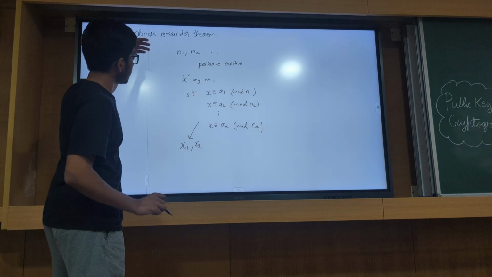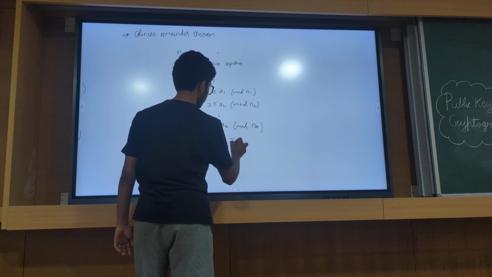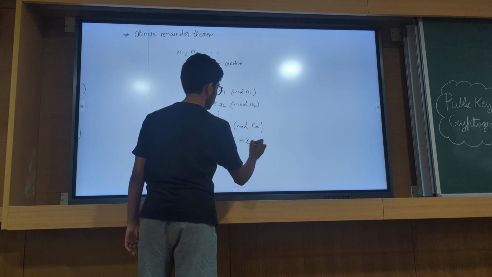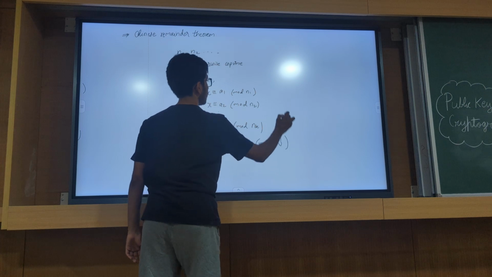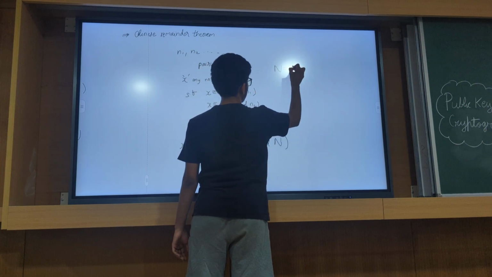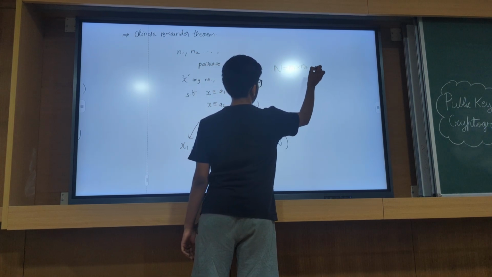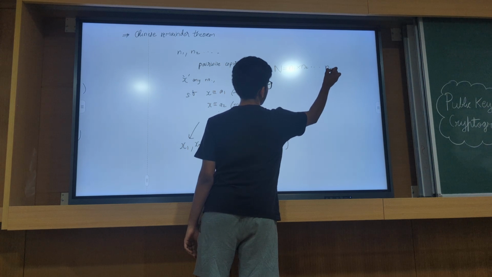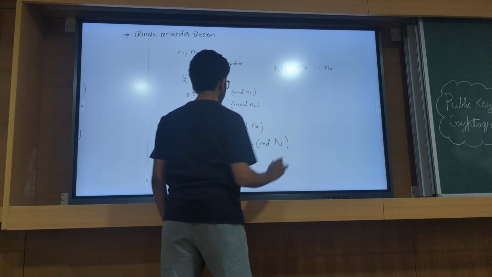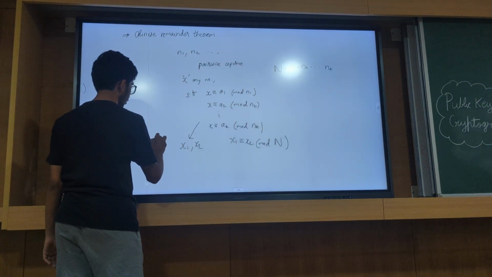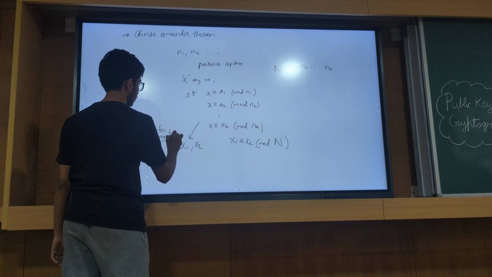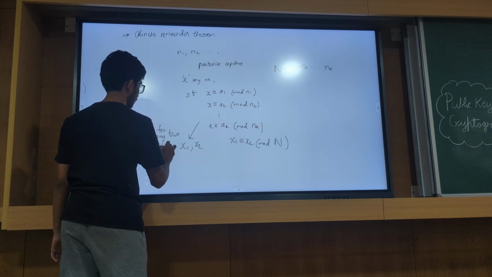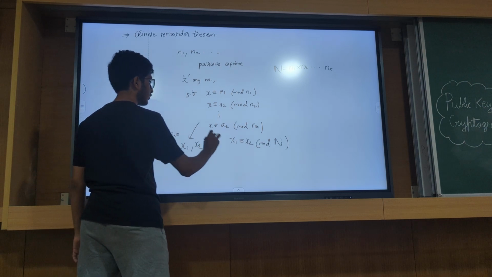Then the Chinese remainder theorem further tells that x1 is congruent to x2 modulo capital N, where capital N is n1 into n2, and so on until nk. For any two solutions, this is satisfied.